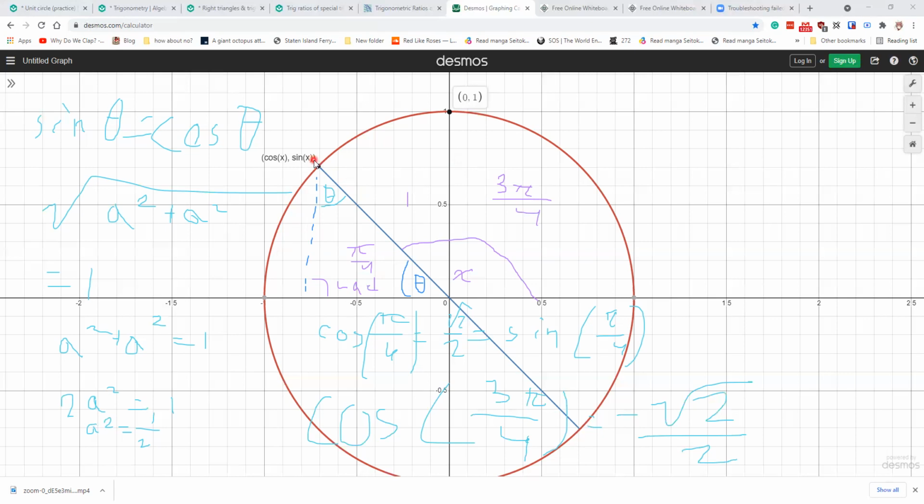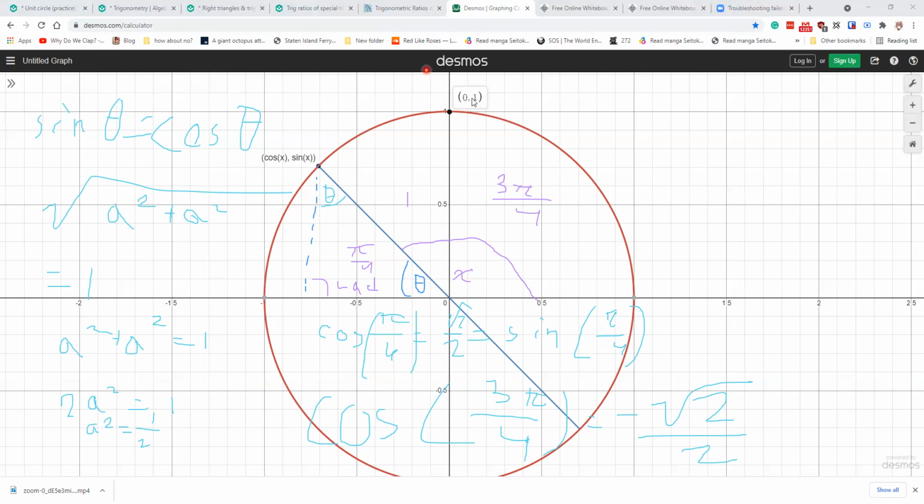And so, in short, we can have the cosine be negative or the sine be negative if the angle is in, say, this quadrant or this quadrant, or we can have them both be positive. But if we're just looking at the right triangle, then we're only going to be considering angles from 0 to pi over 2. And therefore, if we're doing right triangle trigonometry, we're always going to get positive sine and cosine.